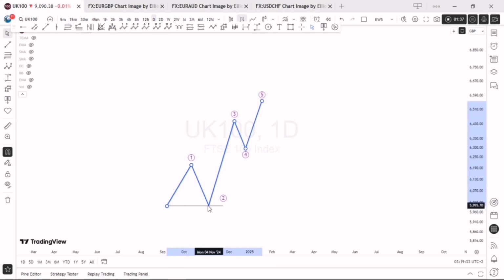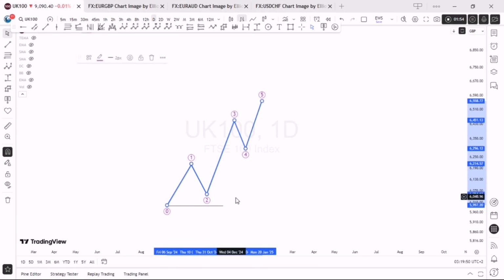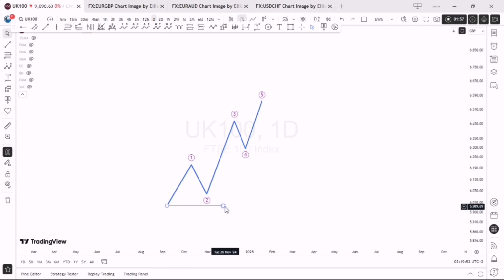Sometimes it will retrace up to 100% of wave 1, that is, wave 2 can be exactly equal to wave 1, but it cannot be more than that. Even by a percent, it's not acceptable. So wave 2 cannot retrace more than 100% of wave 1. That's the first rule.